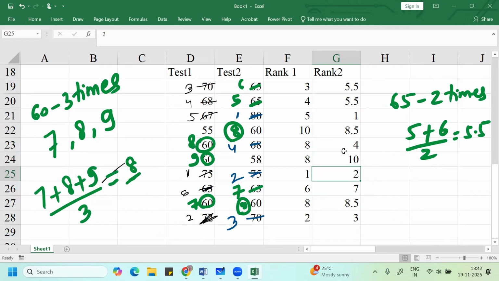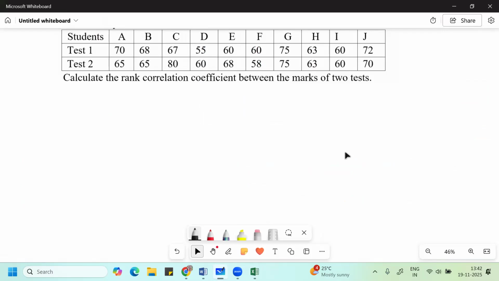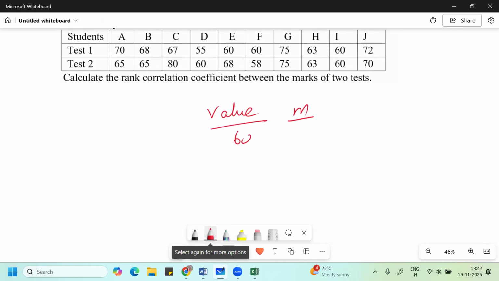So like this, we gave the rank. What we realized is that in test 1, we have this value called 60, which has appeared 3 times. m represents the number of times the value has appeared.